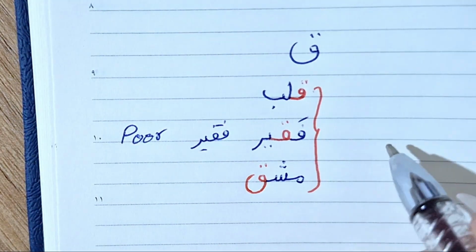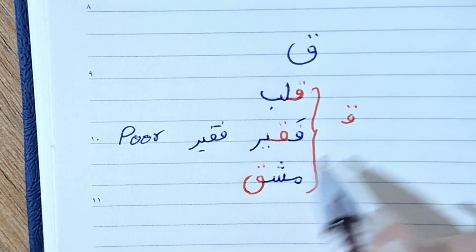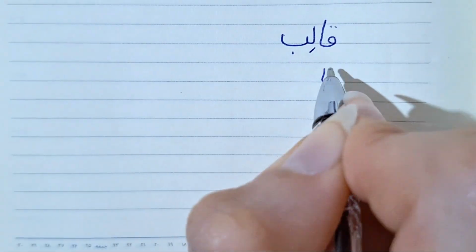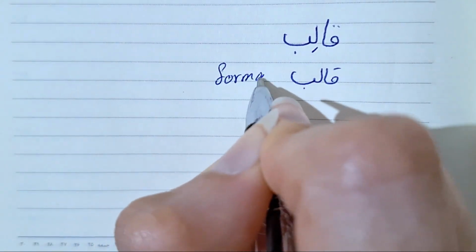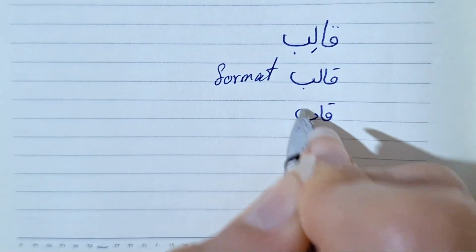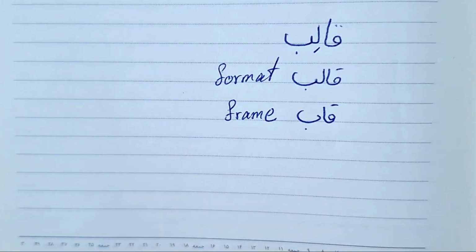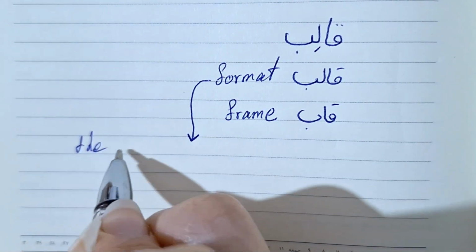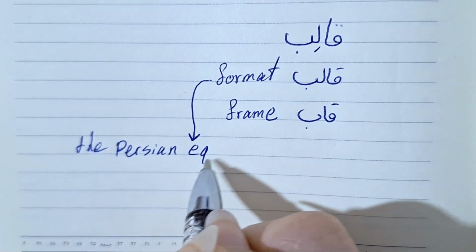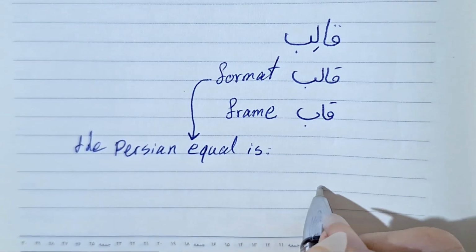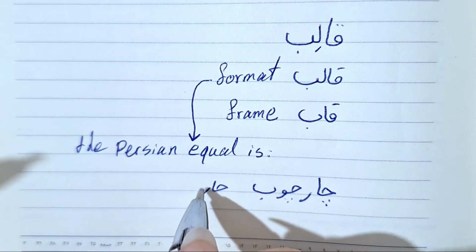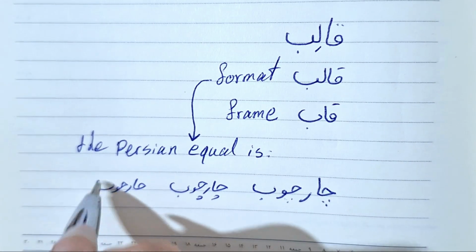So these are all the sticking forms of Qaf, and this is the separate form. Qalib, which means format. Qab, which means frame. But they are Arabic, so instead of them, we use the Persian synonym, which is charchub. Charchub means both format and frame.